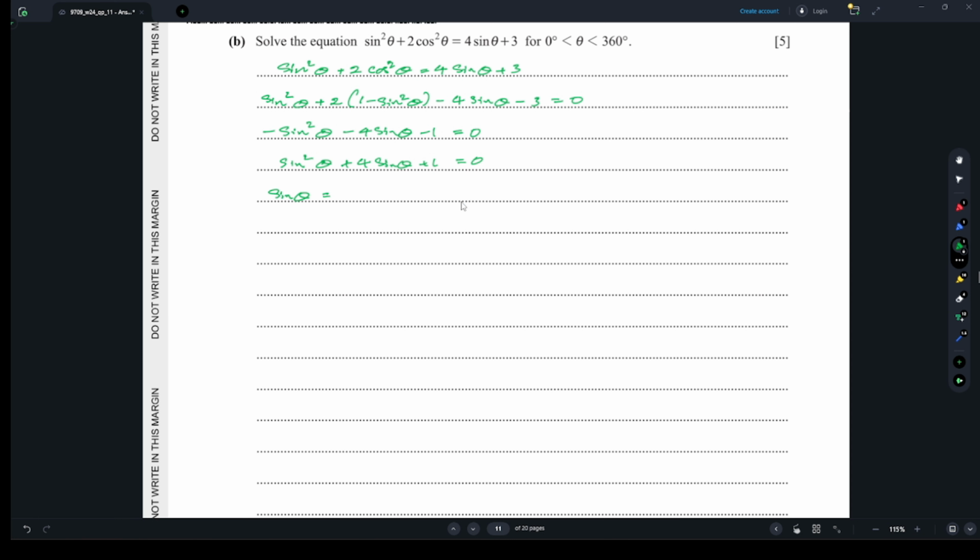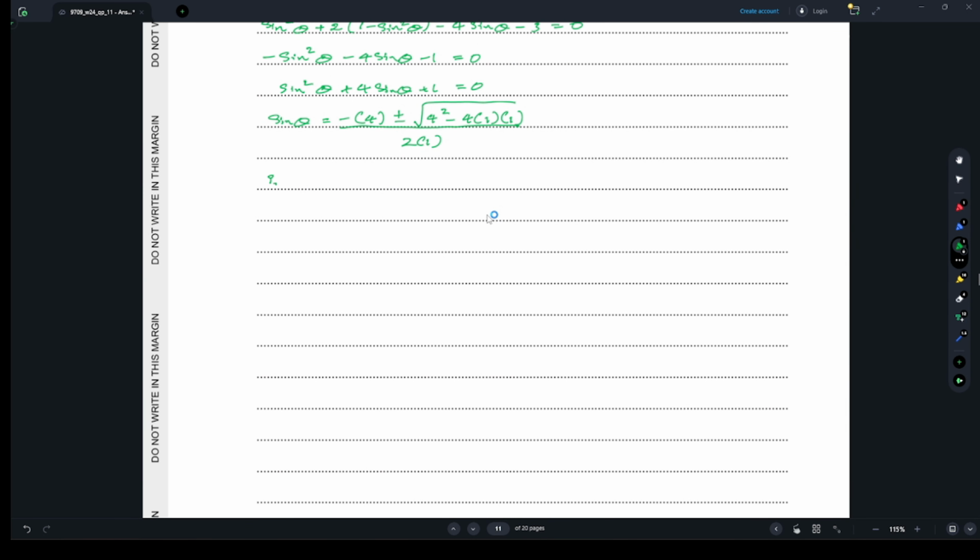So sine theta equals minus b, so minus b is 4, plus or minus the square root of b squared, which is 4 squared minus 4, a is 1, c is 1, divided by 2a.